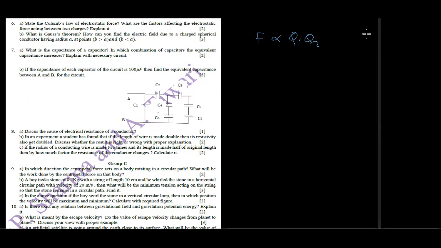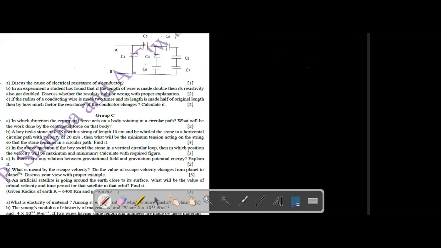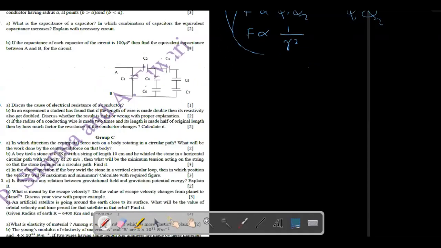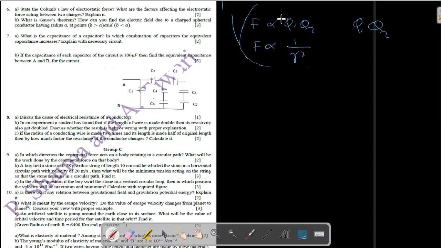That means the force acting between any two charges is directly proportional to the product of their magnitudes and inversely proportional to the square of the distance. You do not have to mention it in words in the equation, just write the statement, and by combining these you can easily write the expression directly.